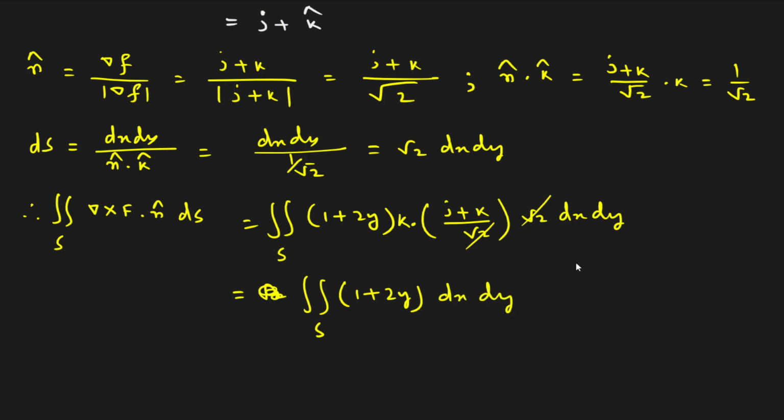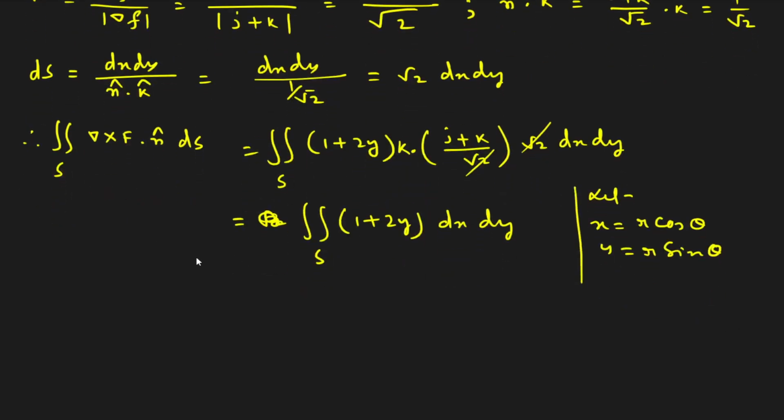After that, you all know we have to substitute x equals to what will we take? r cos theta, and then y equals to r sin theta. Let us put it. Double integration, the limits of r and theta we will put later on. 1 plus 2y, y is r cos theta, then dx and dy.